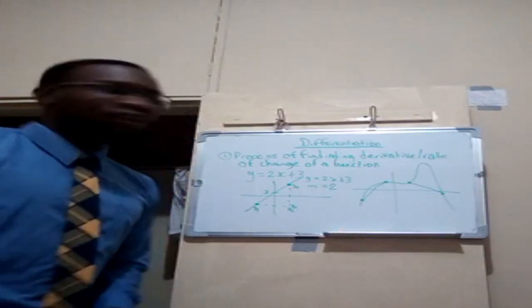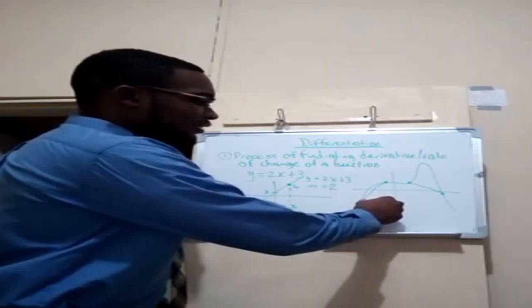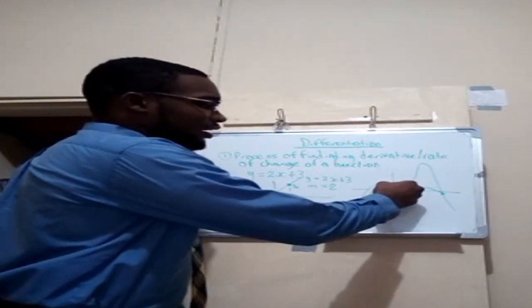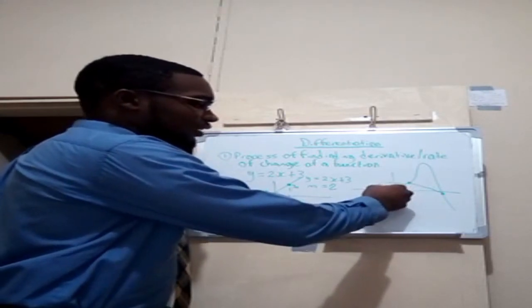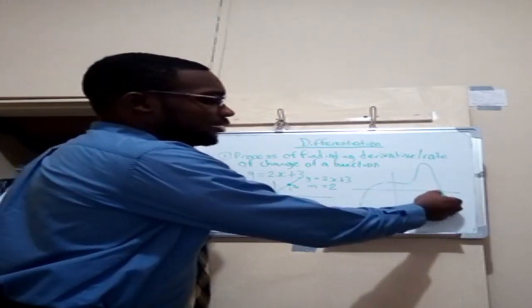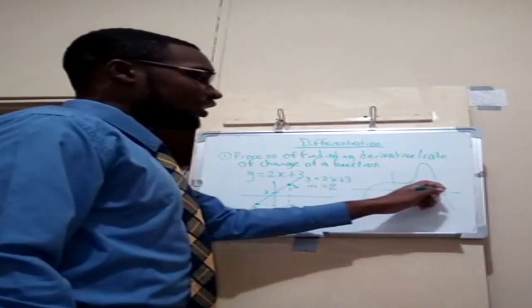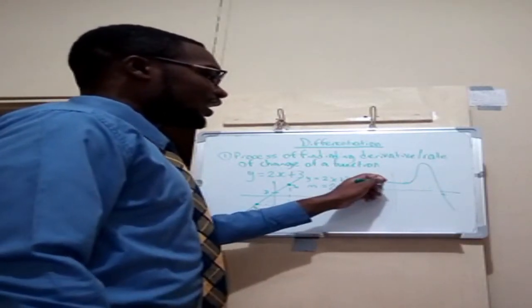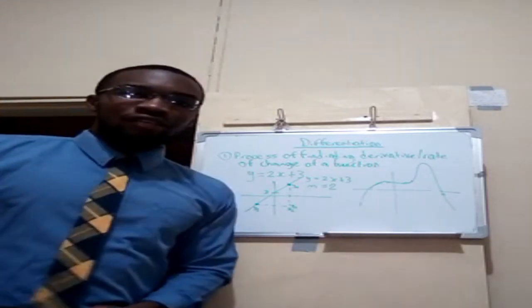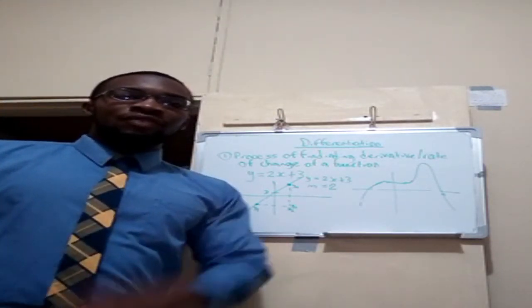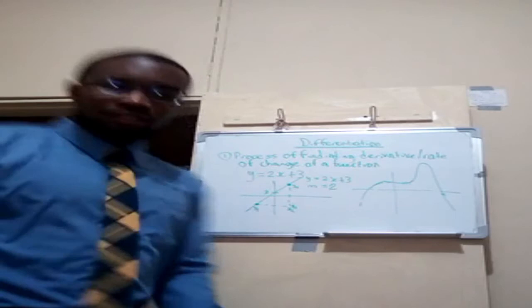Different gradients. The gradient of a curve is different everywhere, right? And so the only way for us to find the gradient of the curve is a process they came up with known as differentiation. Differentiation allows us to find the gradient at any point on the curve. That's what differentiation does. So let's look at how we do that.